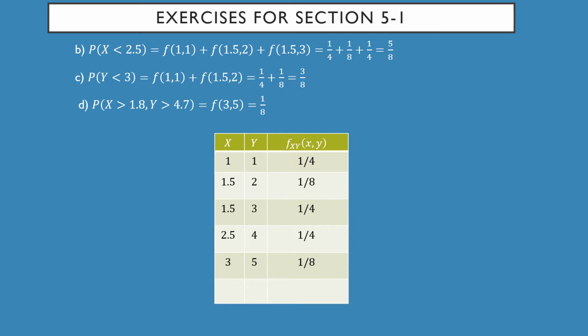Try to understand the question first. It says that we have to find the probability of y less than 3, meaning all those values of y which are less than 3. There is no restriction on x, so you can select the x value according to the value of y.